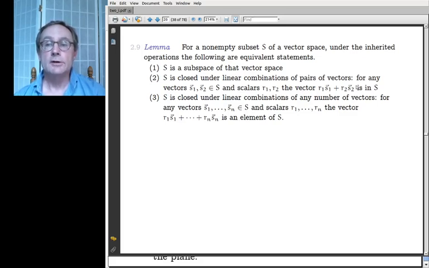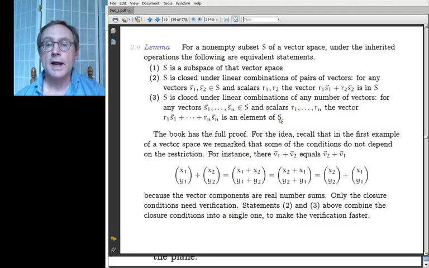In particular, vector spaces are about closure under linear combinations. Closure of 2 or closure of n, it's not important, but it's about closure. Vector spaces are about, you can take a linear combination of the members of the space, and you're sure to end up in the space.